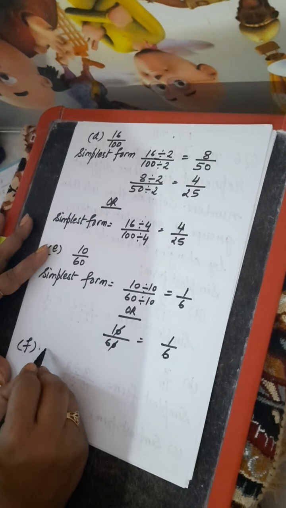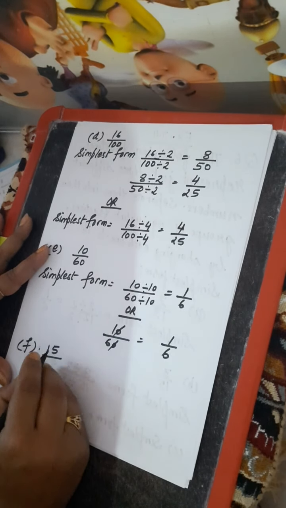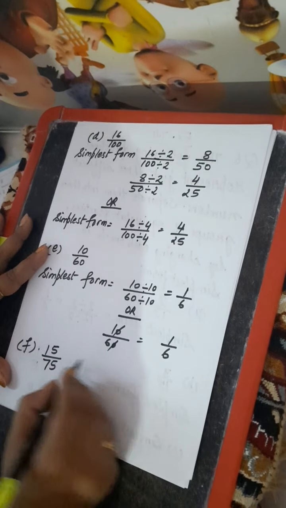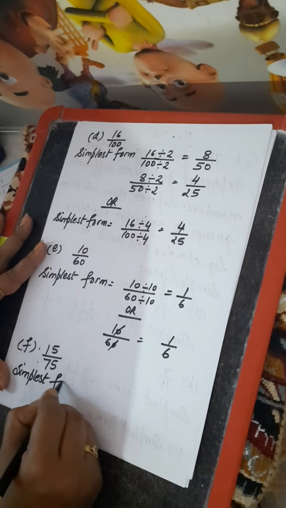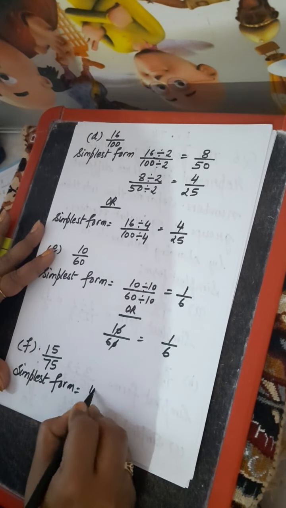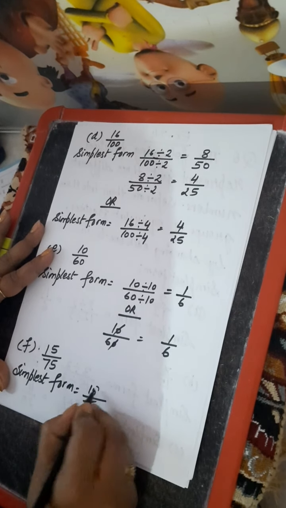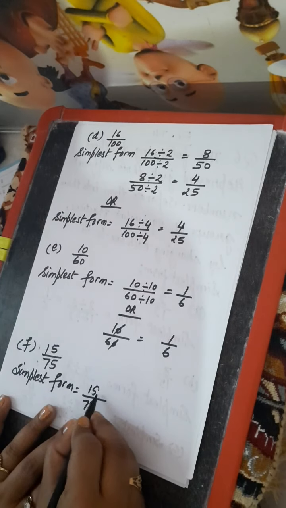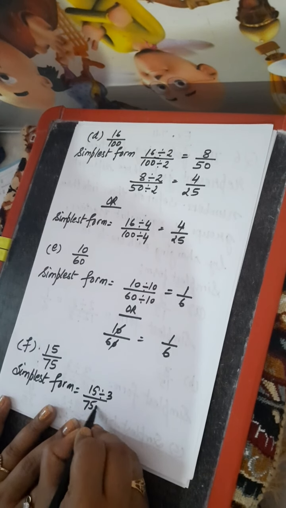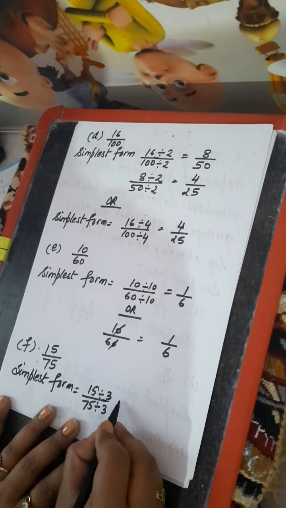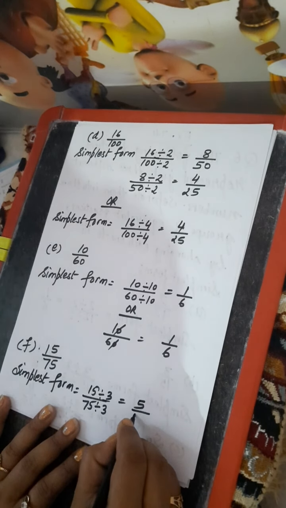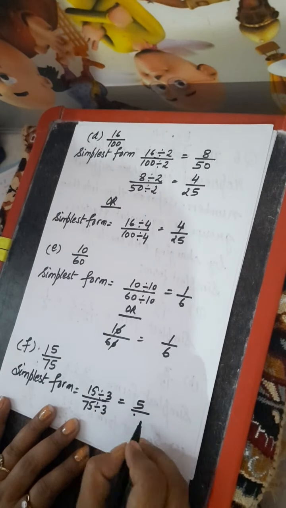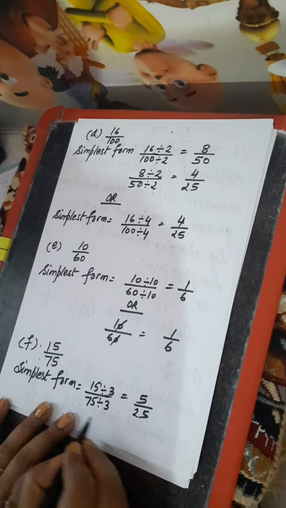Now the F part is 15 upon 75. So simplest form, as I told you earlier, you have to write in steps also. 15 divided by 3, 75 divided by 3, I will get 5 here, and here I will get 25.